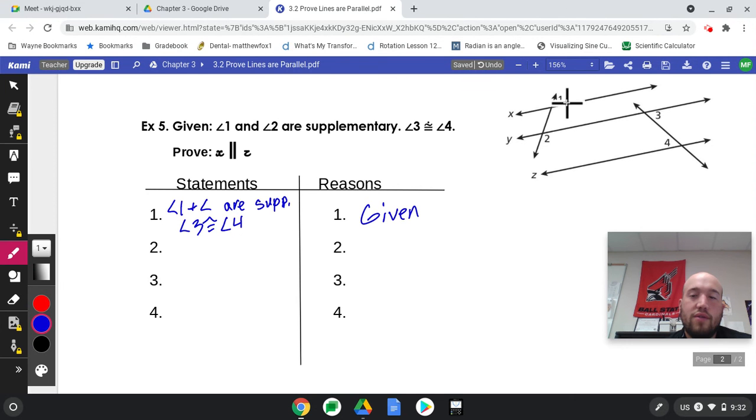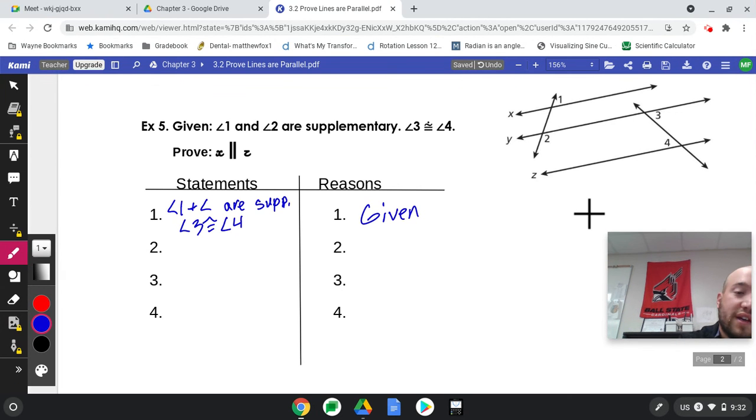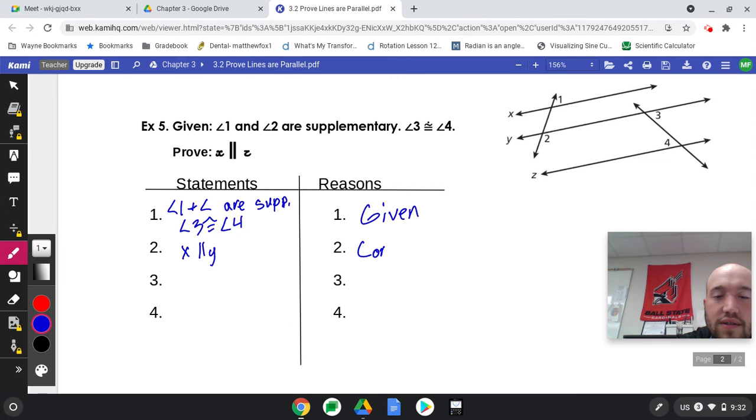Between X and Y, those would be same side exterior or consecutive exterior angles. So if they are supplementary, that means that X is parallel to Y. And as we said on all of these, it's our converse of, in this case, consecutive exterior angles.